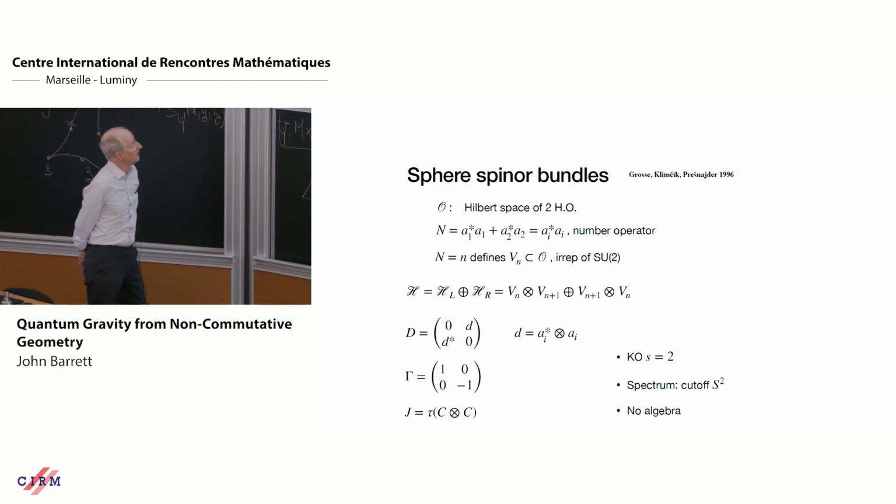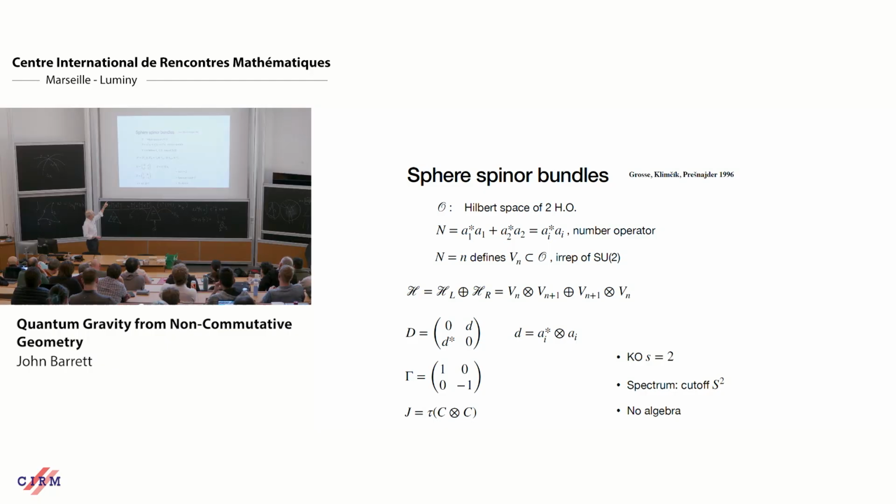And in this, there's a number operator. It counts the number of both particles added together. So that's A1 star A1 plus A2 star A2, and I'm going to write that as AI star AI. So there's an Einstein summation convention over the I index going from 1 to 2. So that's the number operator.